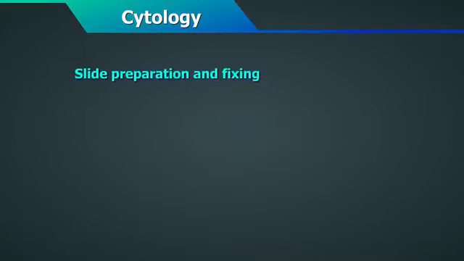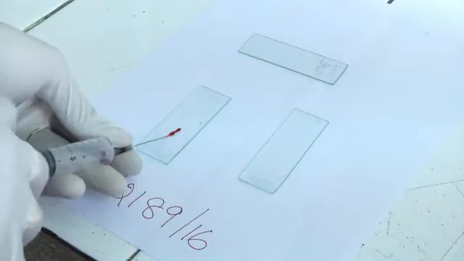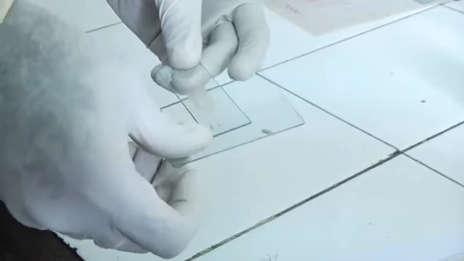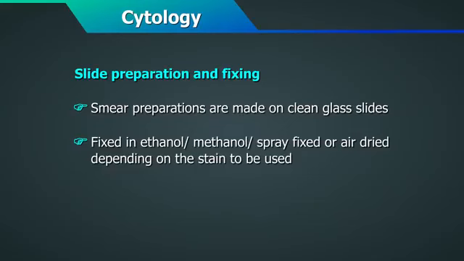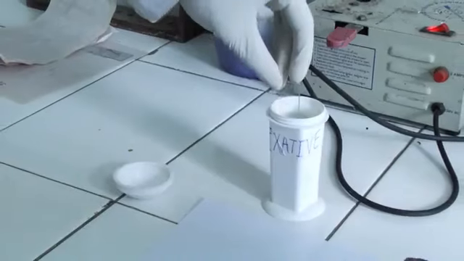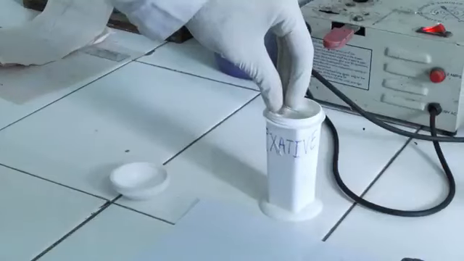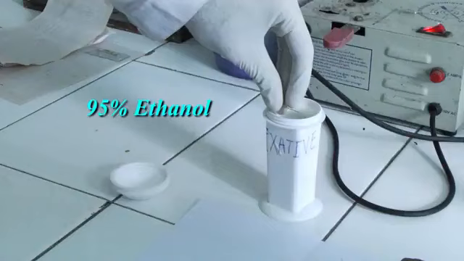Slide preparation and fixing. All smear preparations are made on clean glass slides and fixed in ethanol or methanol, or spray fixed or air dried, depending on the stain to be used. Ethanol fixation is wet fixation and is done by immediately immersing the prepared slides into 95% ethanol held in Coplin jars.